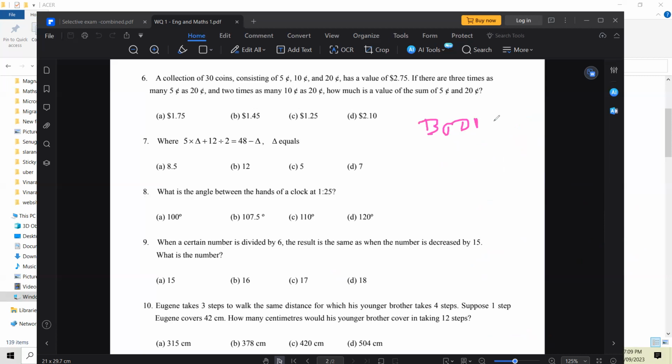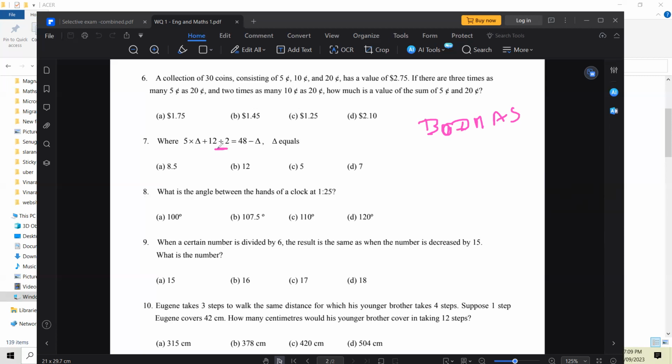All right, BODMAS. Now, there's no bracket here, right? And there's no order. There's no power anything, 2 to the power 3 or 3 to the power 10, no. Division, D, right? Yes, here is one division.